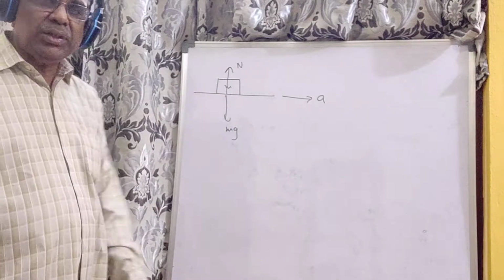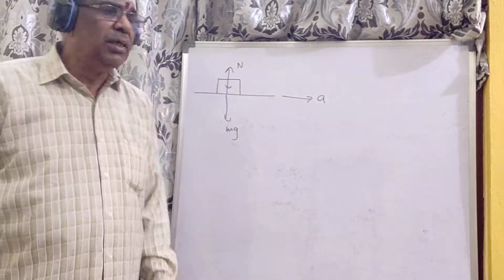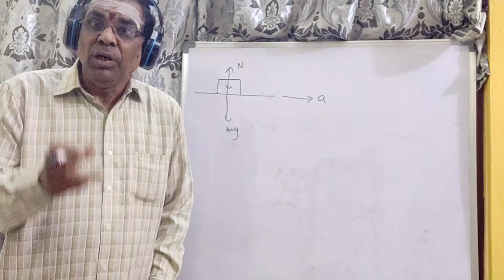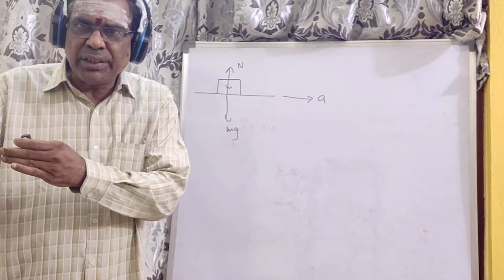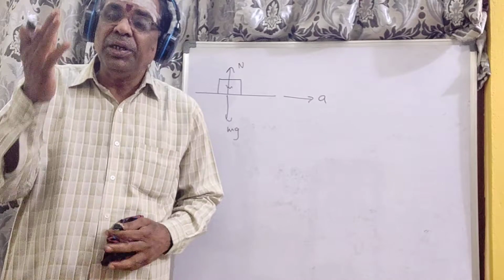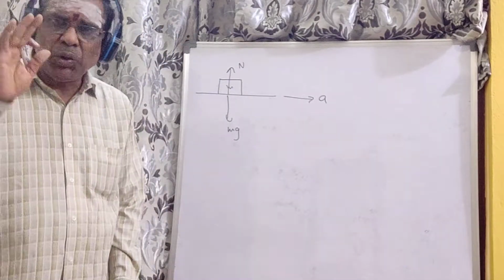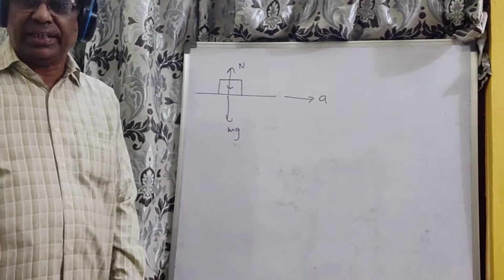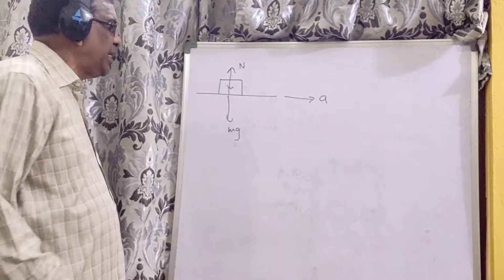I already told you that sliding friction always opposes relative motion, relative to the surface you are talking about. Relative means, if you take pseudo forces, we definitely talk of relative acceleration. Therefore, it is imperative for all of you to always apply the pseudo force technique in friction. It becomes fairly simple for you, nothing to worry.